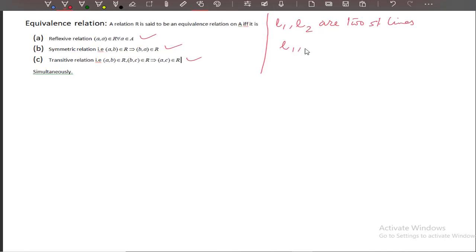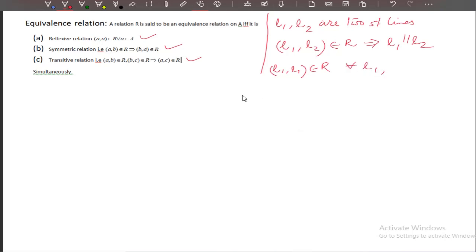L1 and L2 are related if and only if they are parallel. Now, any line is parallel to itself. So, L1 and L1 are related for every L1.